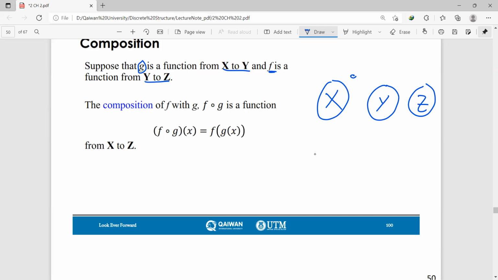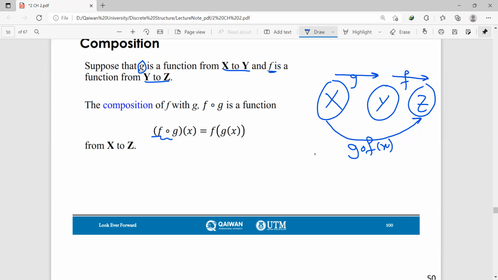You say g is a function from x to y, and then f is a function from y to z. If we want to find a function from x to z, we say it is f circle g of x, from x to z.